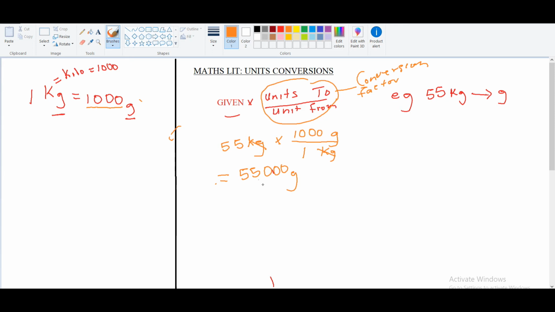So now you have successfully converted from your kgs to grams, right? So when you write your final answer, it must have the unit.